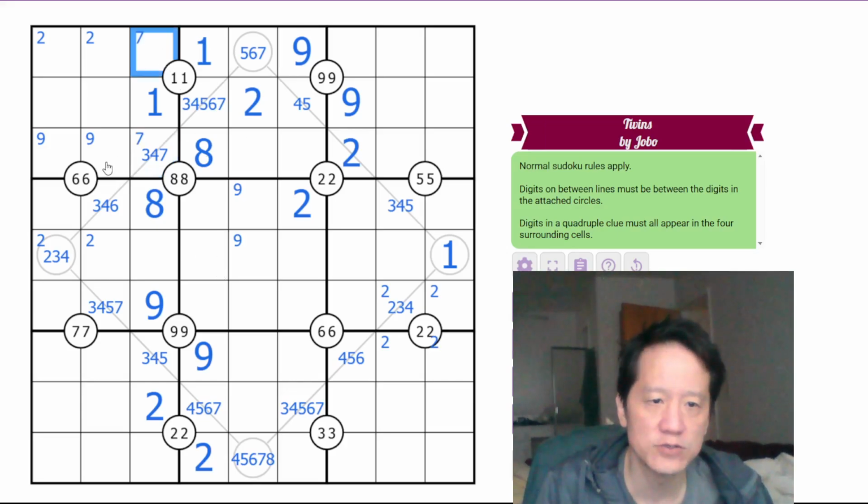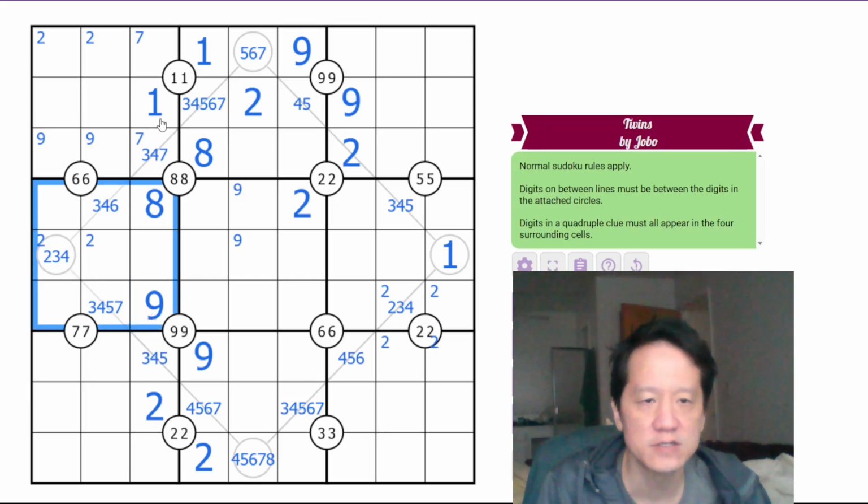That's actually interesting. Okay, so 6s have to appear. There we go. 6 has to appear in this box here, because one of these two is a 6, and this box. Well, where is the 6 in column 3? It can't be any of these, because the 6 is in this twin. Can't be here, because there must be a 6 in one of these twins.